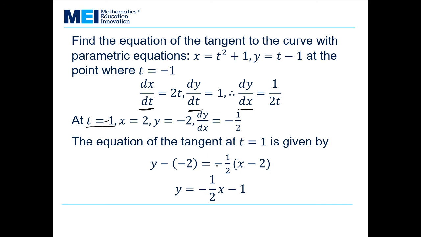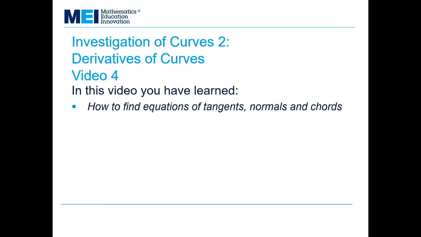So then that gave me the tangent using y minus y1 equals m(x minus x1), simplifying to y equals minus a half x minus 1. So in this video we've had a reminder of how to find the equations of tangents, normals and chords.